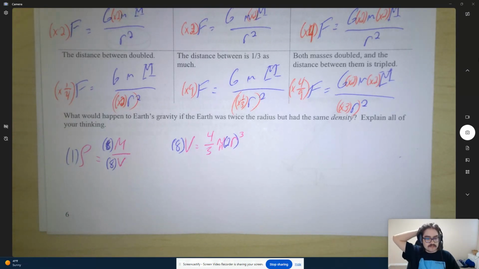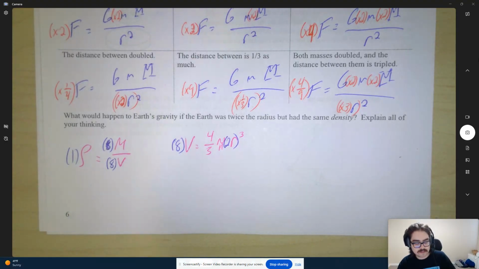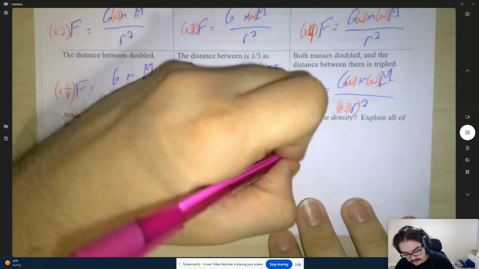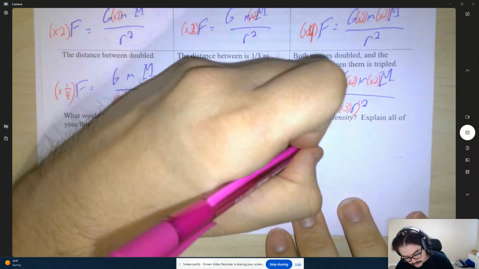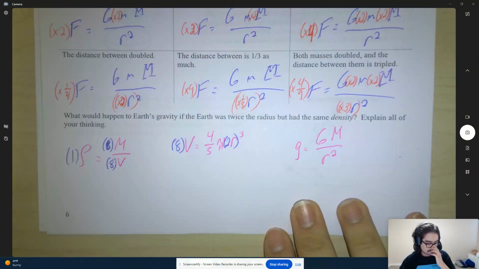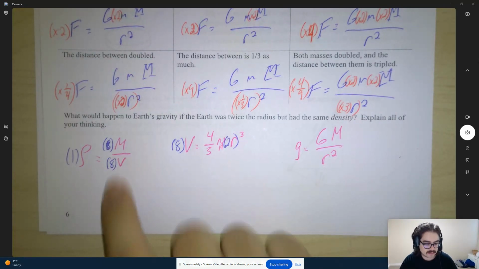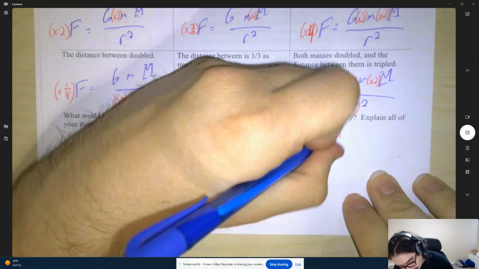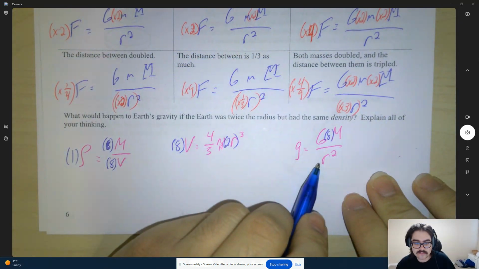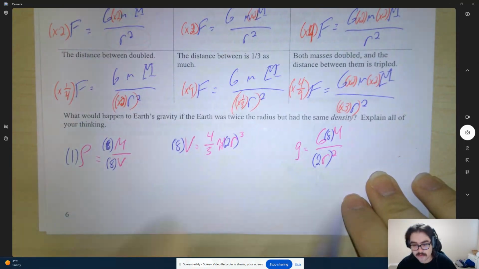And then all I have to do is figure out what would happen to Earth's gravity. That's asking me specifically about the g field strength. So I'm going to do capital G, capital M over R squared. Well, we already said that the mass of the Earth needs to change by 8 times, and the radius of Earth is going to be changing by twice as much. Remember, that does have to be squared.